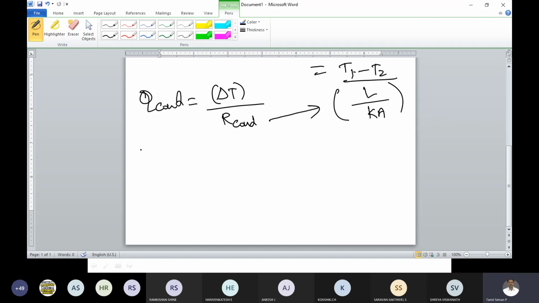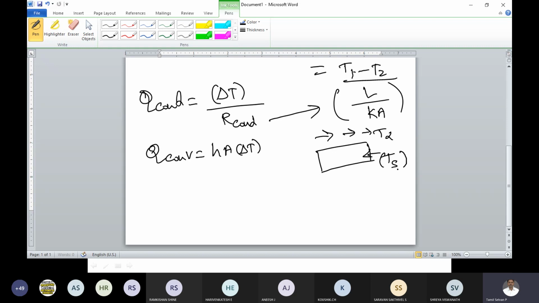Now, we also know that Q convection is equal to hA del T, where h is the convective heat transfer coefficient. When you have a solid plate exposed to air, let the air temperature be T infinity and the solid surface temperature be Ts. Then it is hA into Ts minus T infinity, the solid surface temperature minus the ambient air temperature.